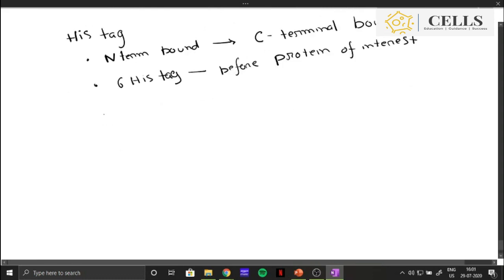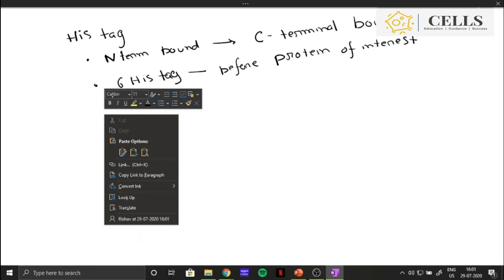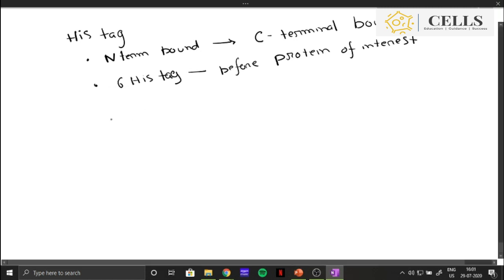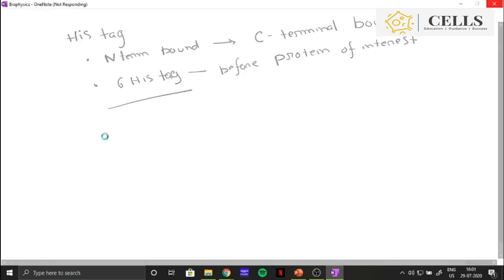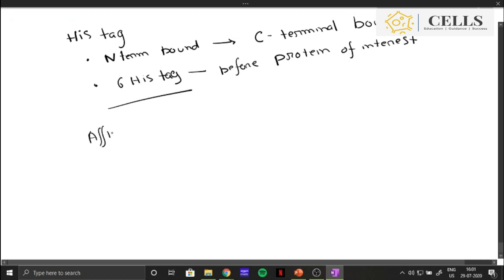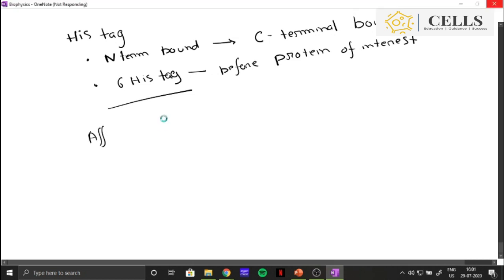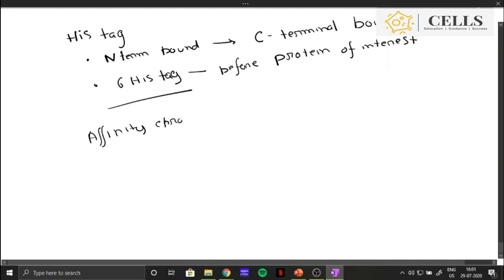That enables isolation of the protein. With affinity chromatography, we get around 90% purification of proteins.